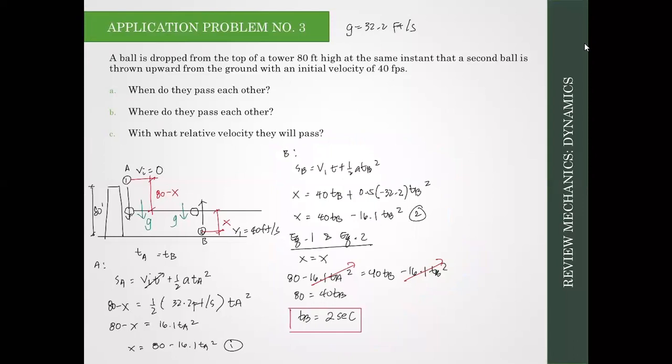So kung from the top of the tower, substitute lang natin sa X. Yung X natin is equals to 80 minus 16.1 times 2 squared, that will be 15.6. So 15.6 feet, ito ay from the ground.